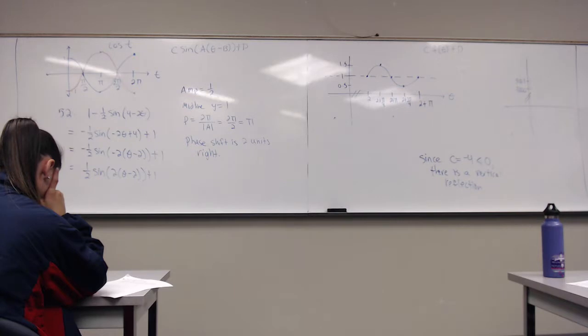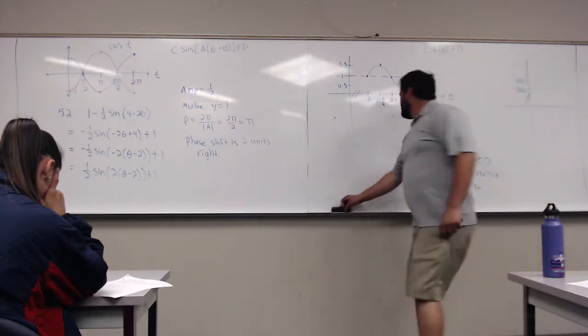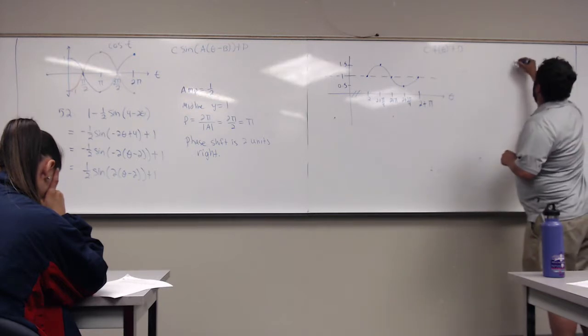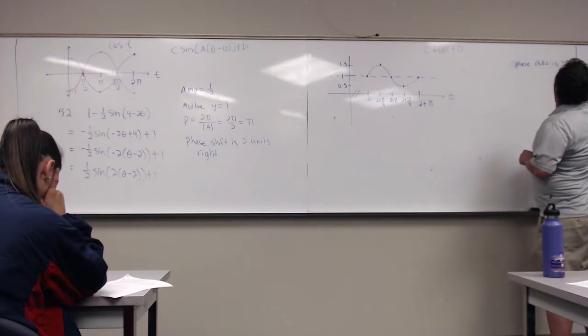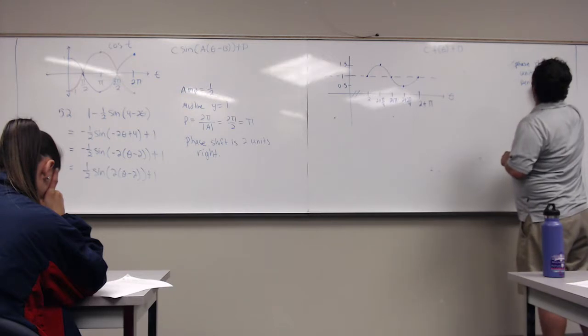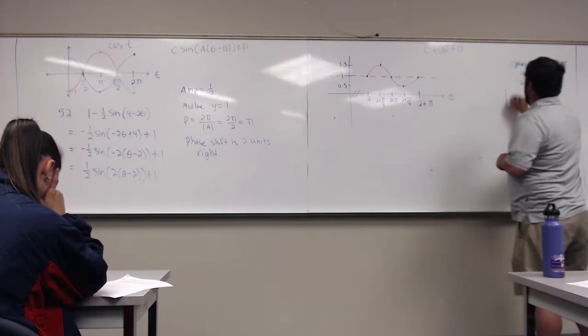Okay. So just exploit breaks in the graph if your phase shift doesn't involve pi but your period does, or vice versa, you can just kind of cheat like this a little bit. You could do it the other way too. If your phase shift, let's just pretend, without identifying a function, is pi units, but my period p is equal to 2, I would just do the same thing.